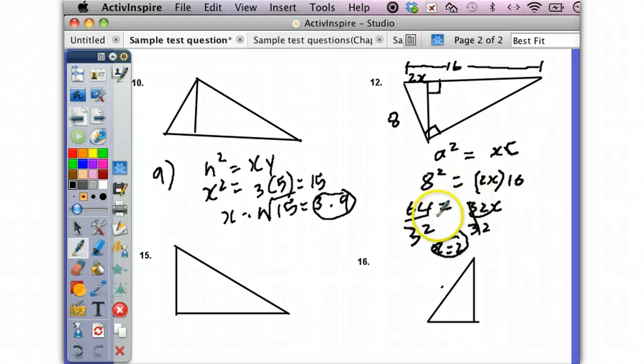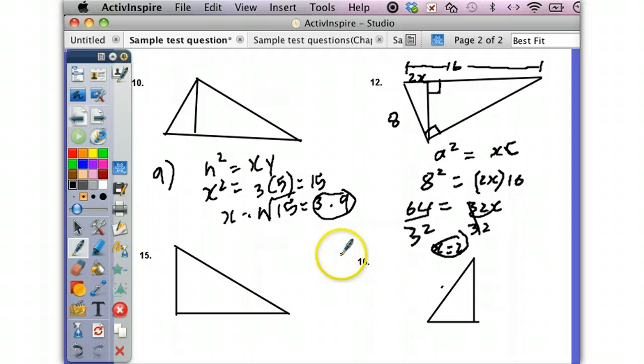The one I'd like you to do is number 11. Similarly, do number 11 right now. It is b squared equals cy. So for 11 it would be b squared. It's going to be similar to a squared, the same thing. All right, go ahead and do number 11 now.